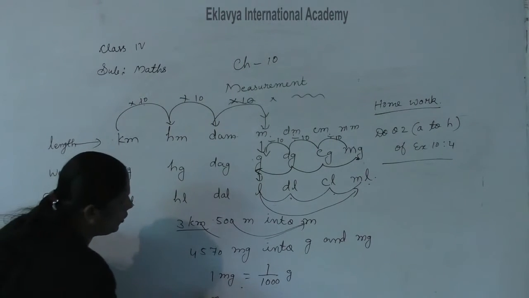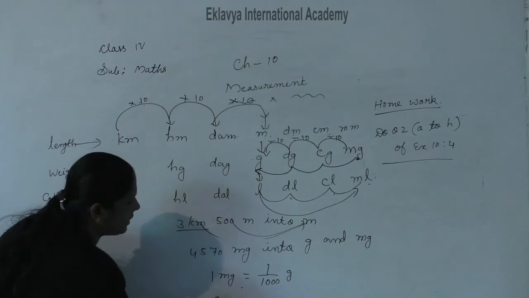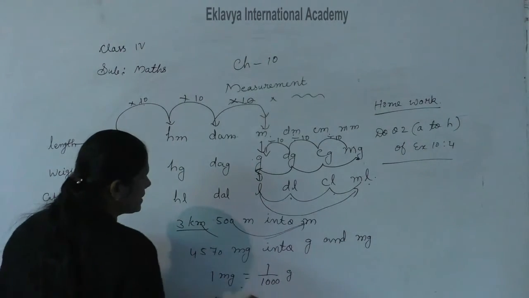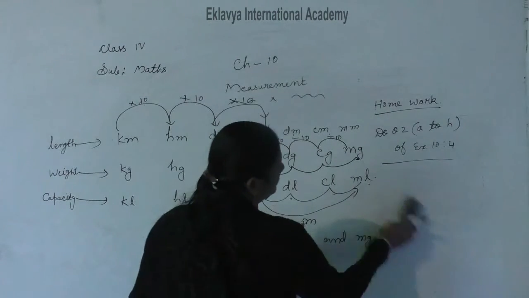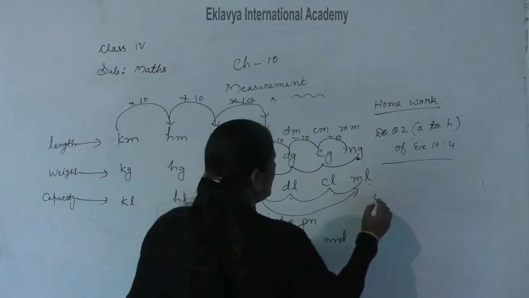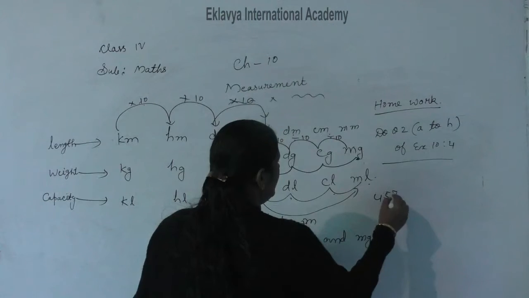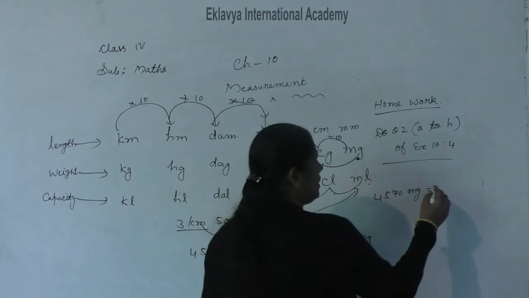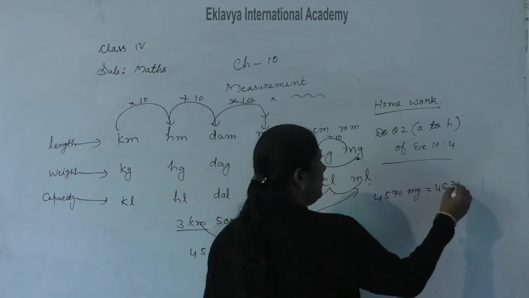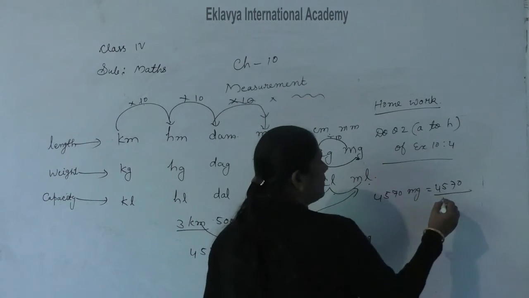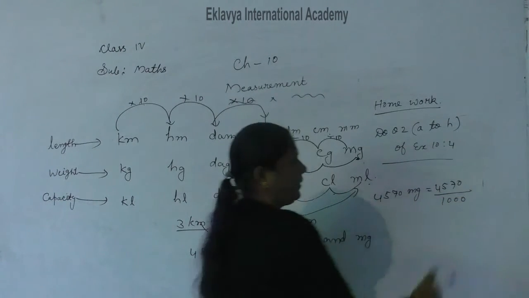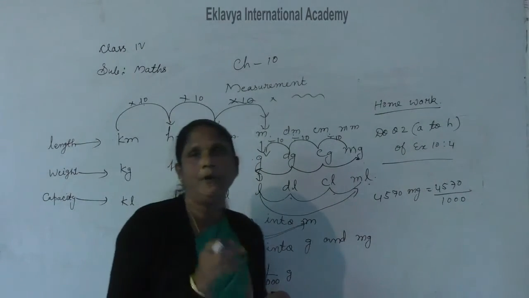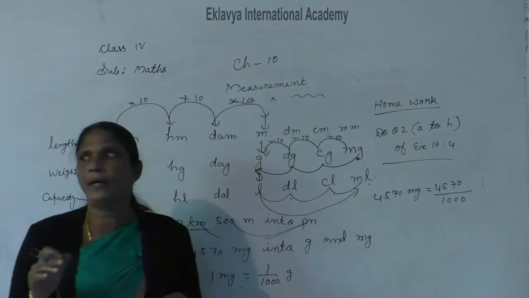Now 4570 mg is equal to 4570 upon 1000. In the previous chapter we already learned dividing by 10, 100, 1000.